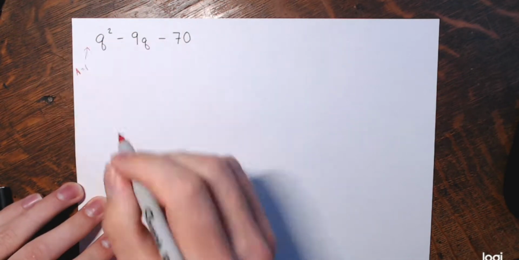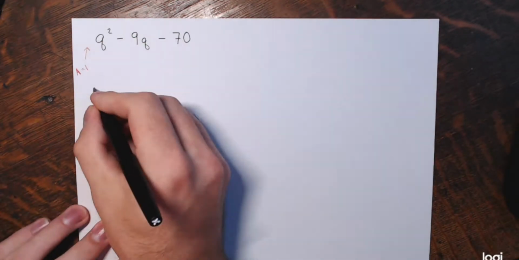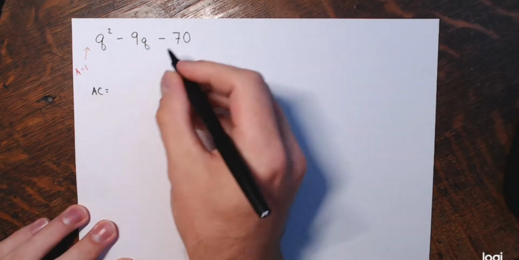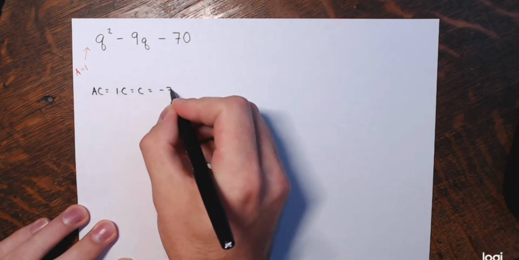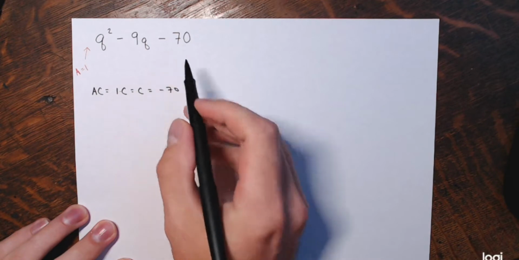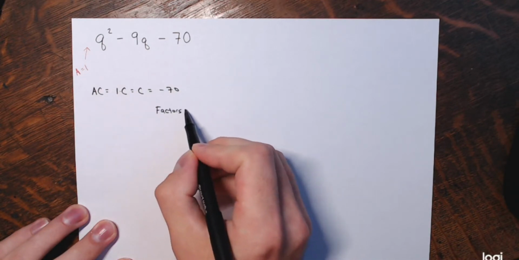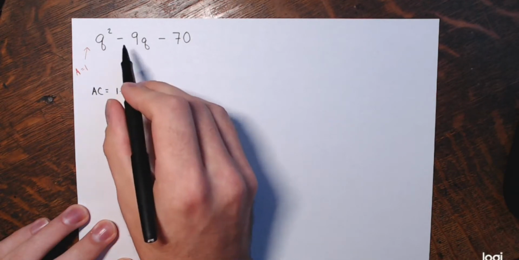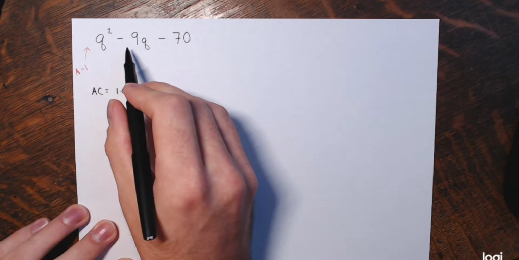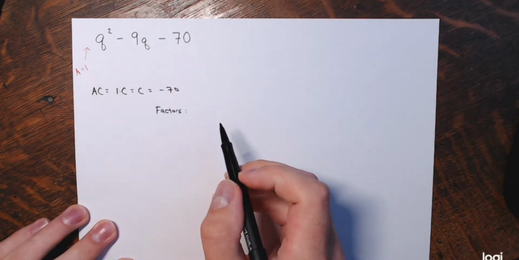And remember, when A equals 1, real simple, right? A times C would just be C, because it's 1 times C. So it's just going to be negative 70, right? And then you're looking for factors of negative 70 that have a sum of negative 9.